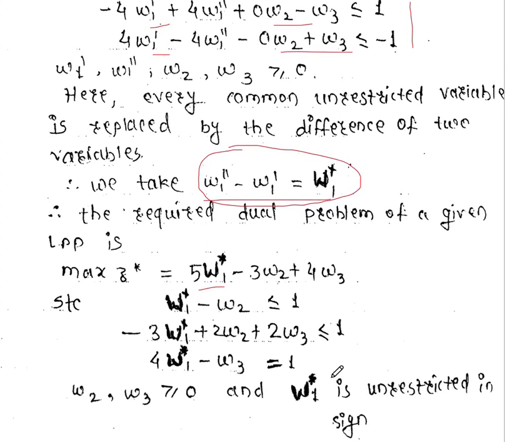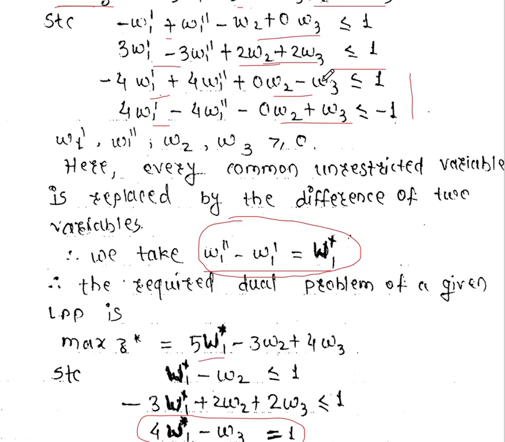We can write this equation directly, because there are two equations, one less than or equal to and one greater than or equal to, which means these are unrestricted variables. If you solve this, you will get the equality.